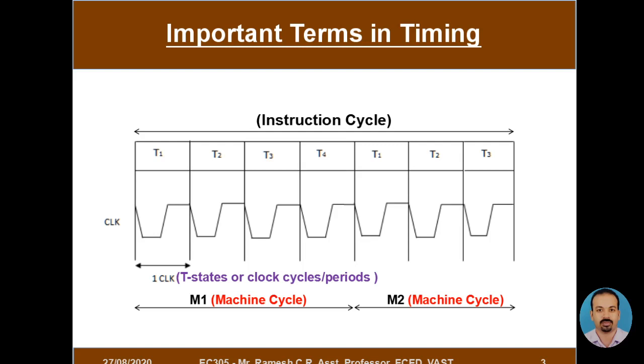The instruction cycle can be defined as the sequence of operations that the microprocessor has to perform in order to complete a particular instruction completely. You can also say that the instruction cycle is the time required by the microprocessor to complete the entire operations mentioned by an instruction.